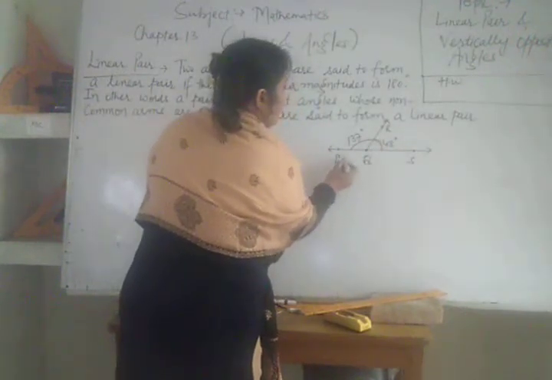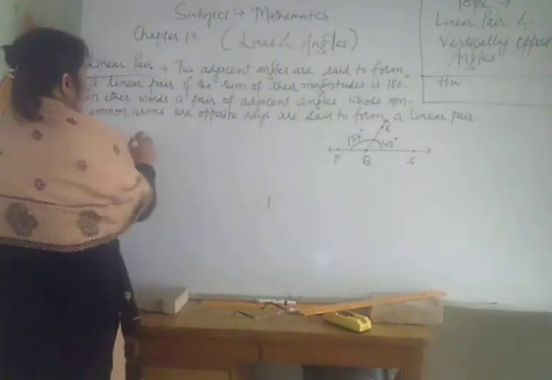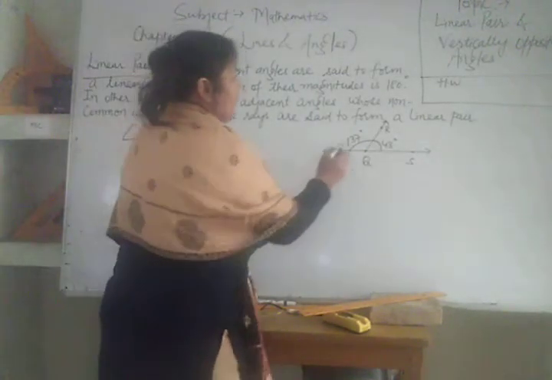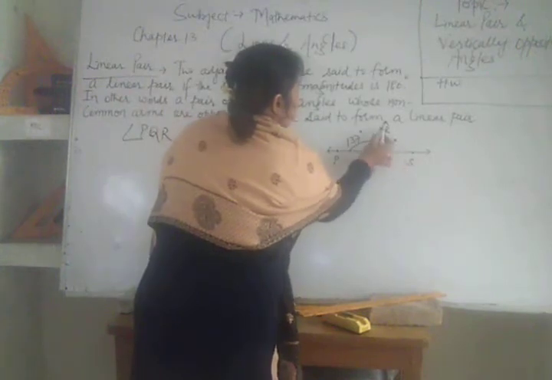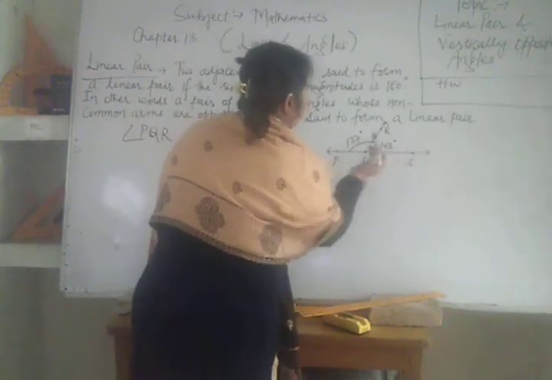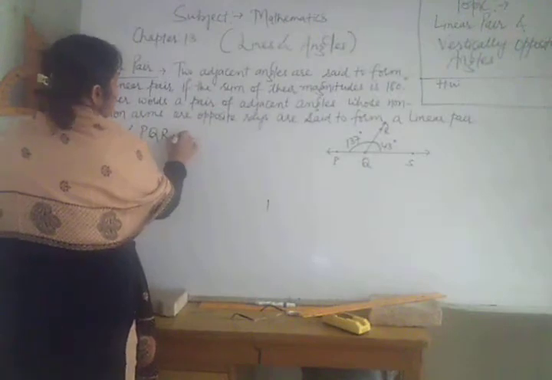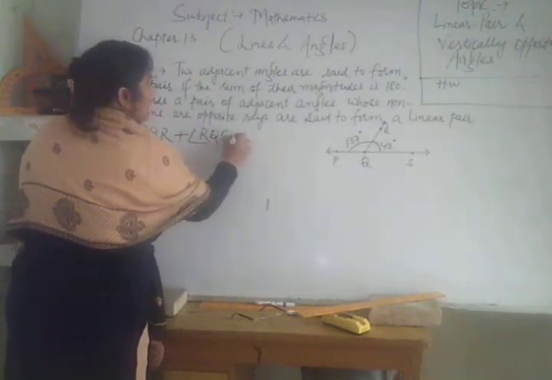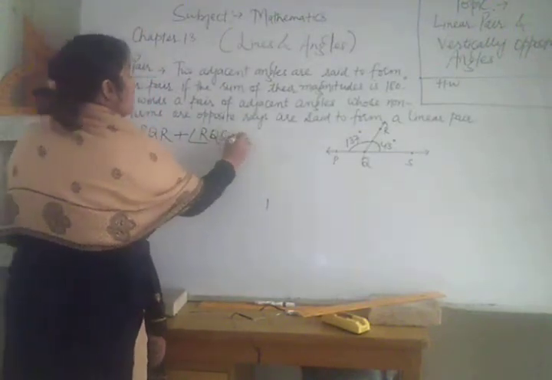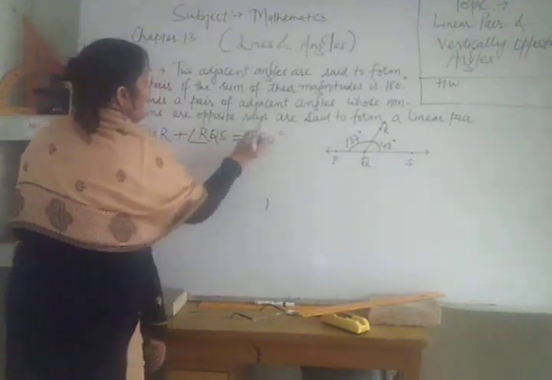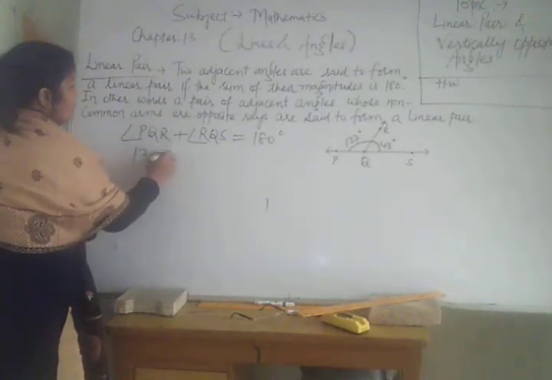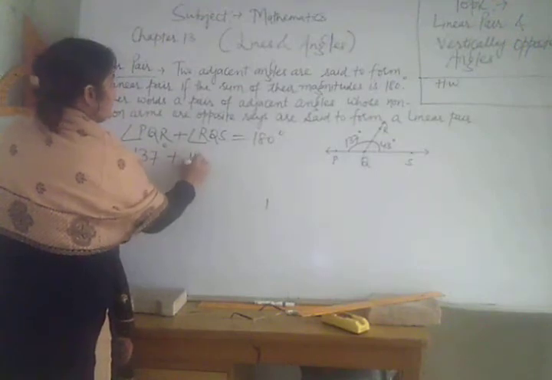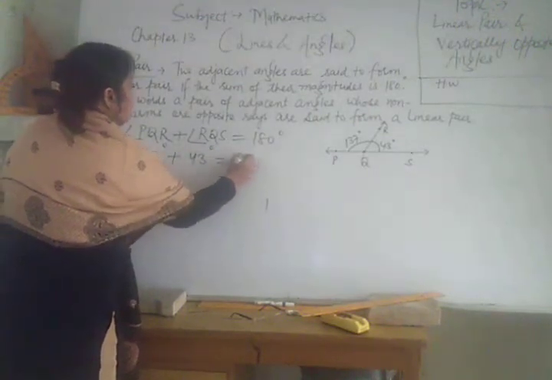So here, angle PQR and angle RQS sum to 180. Angle PQR is of measure 137 degrees and angle RQS is of measure 43 degrees.